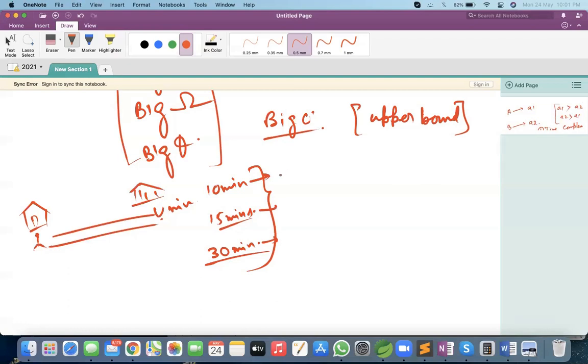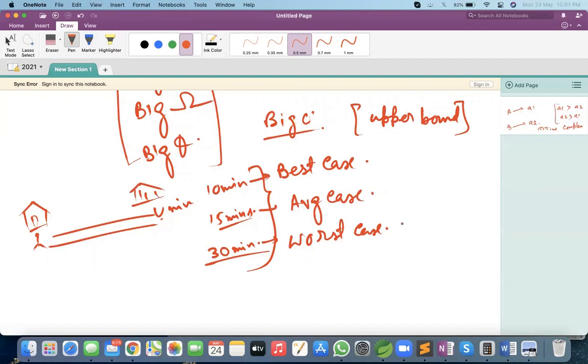Okay, 10 minutes is called best case. 15 minutes is called average case, and 30 minutes is called worst case. Means whatever the scenario, within 30 minutes you will reach.